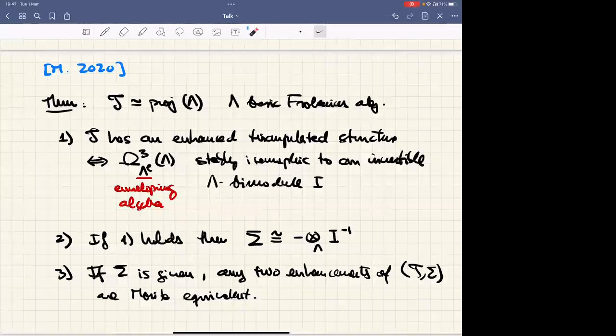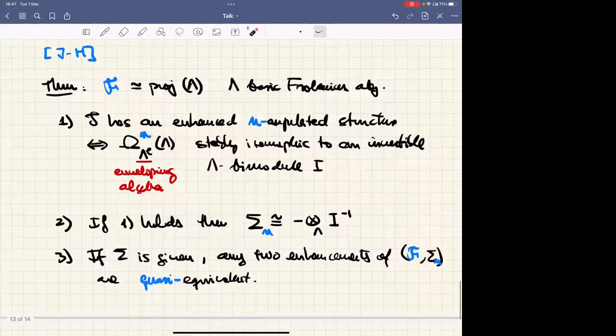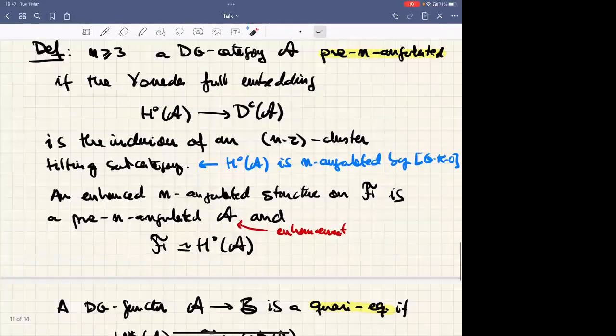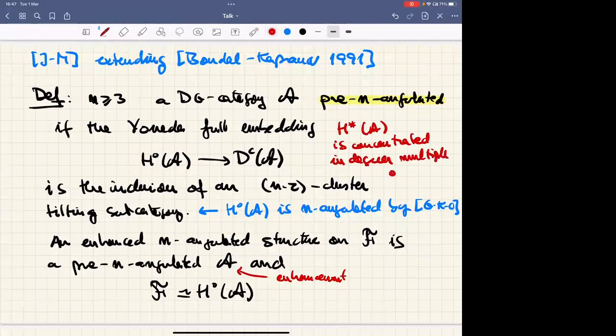The difference here is essentially that when we have a pre-angulated enhancement, I have only mentioned the zero-dimensional cohomology, but in fact, the whole cohomology of A is concentrated in degrees multiples of n-2.